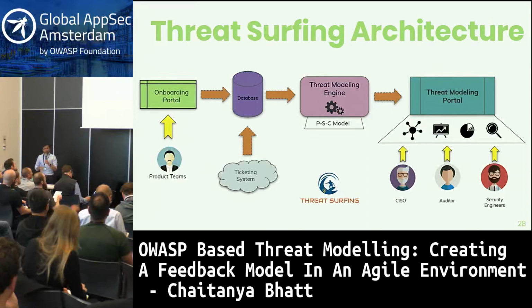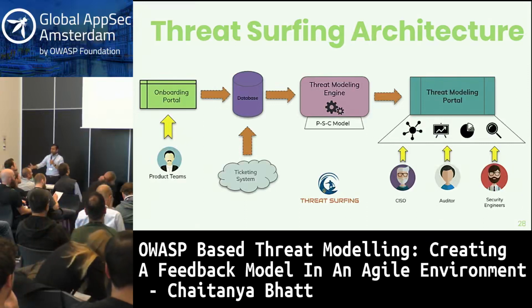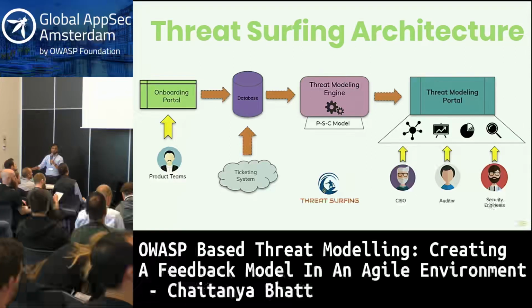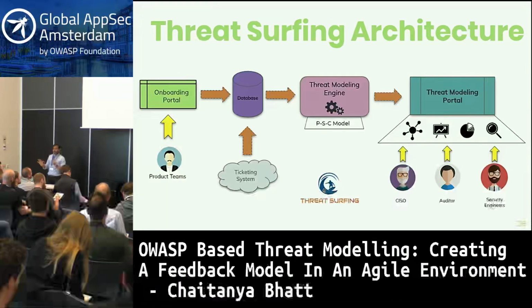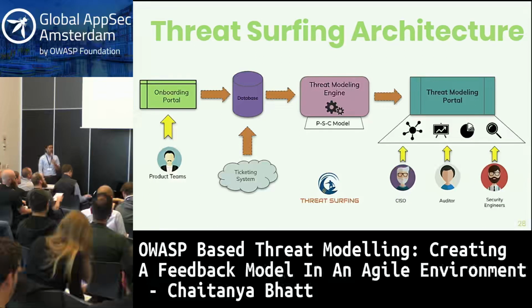Your security auditors can log into this portal and see the top 5 threats in your organization. Which is the biggest risk that each application has, which is the most risky application we are trying to handle at this moment. And last but not the least, your executives, your leaders, your CISO can log in to see what your threat landscape looks like. How does my organization's threat landscape look?